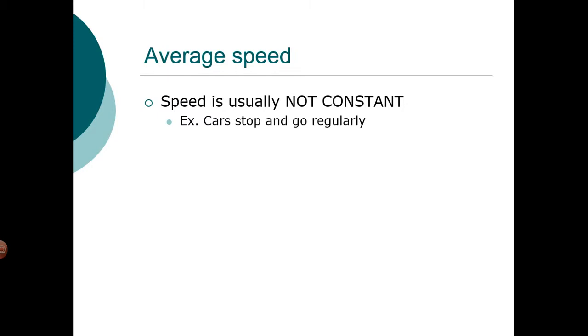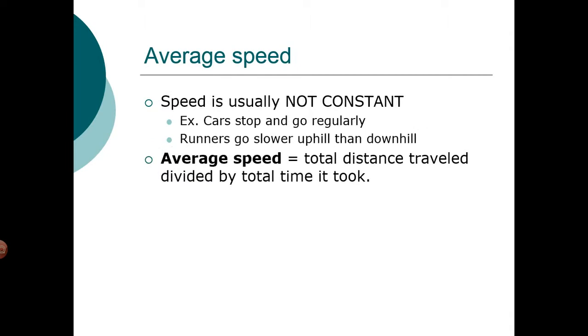That means their speed is changing. Runners tend to go slower uphill than downhill. Their speed is changing. So the average speed looks at the total distance the object traveled divided by the total time it took, which kind of averages out all those slower and faster points.